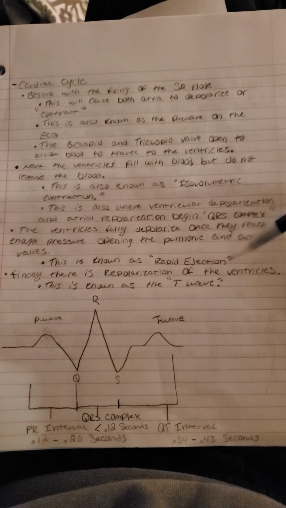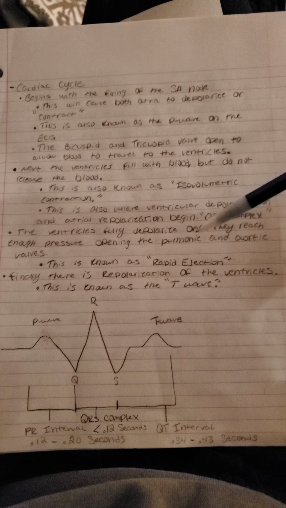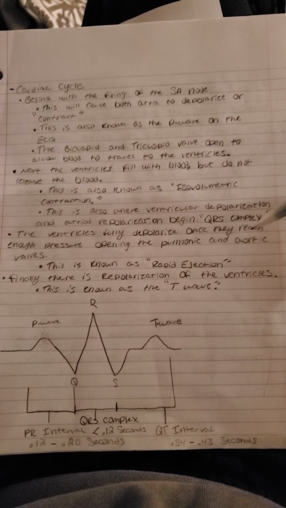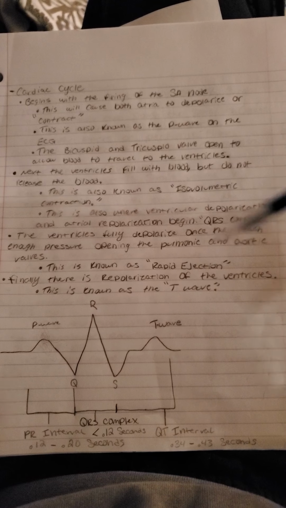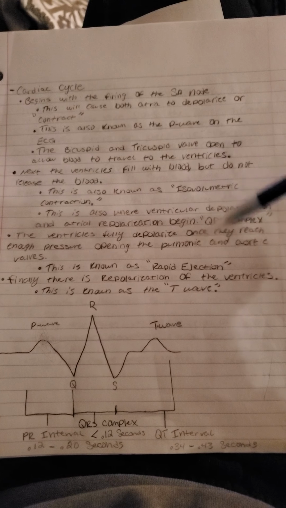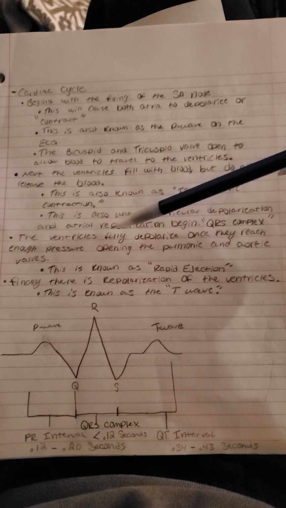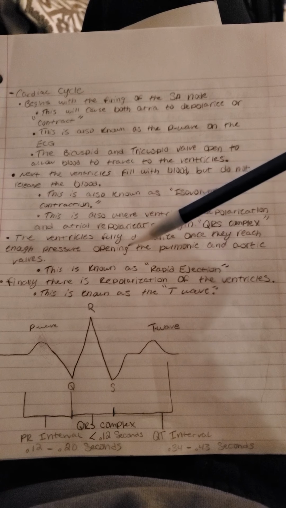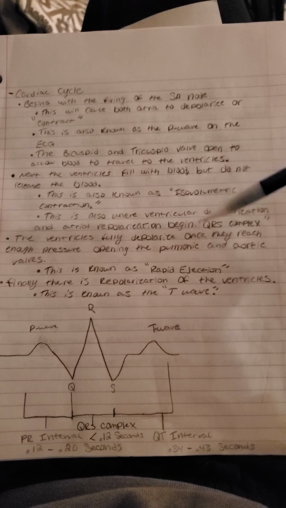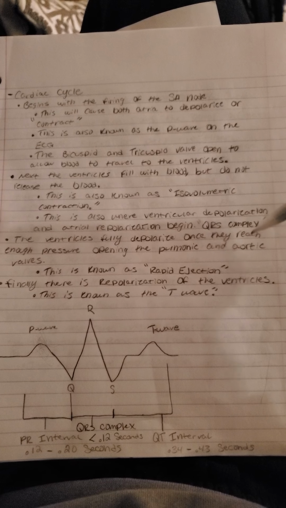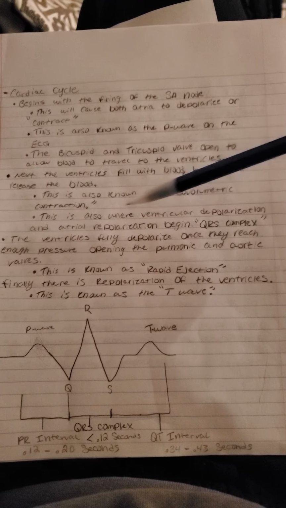If you remember talking about those valves, the pulmonic valve leads to the lungs, right? And the aortic valve leads to the aorta. Those valves will open, allowing an escape for the blood from the ventricles. The ventricles will then squeeze the blood through the pulmonic valve to send it to the lungs, or through the aortic valve into the aorta to be dispersed to the body.